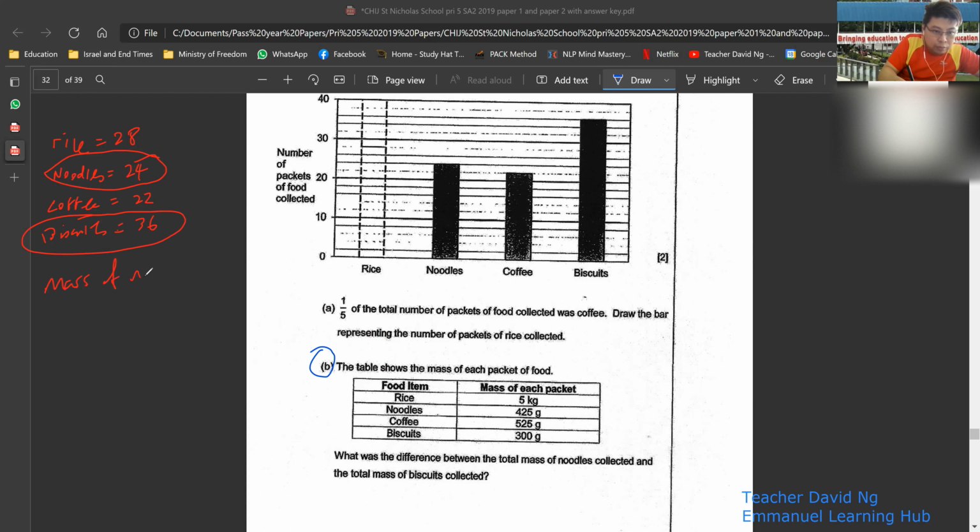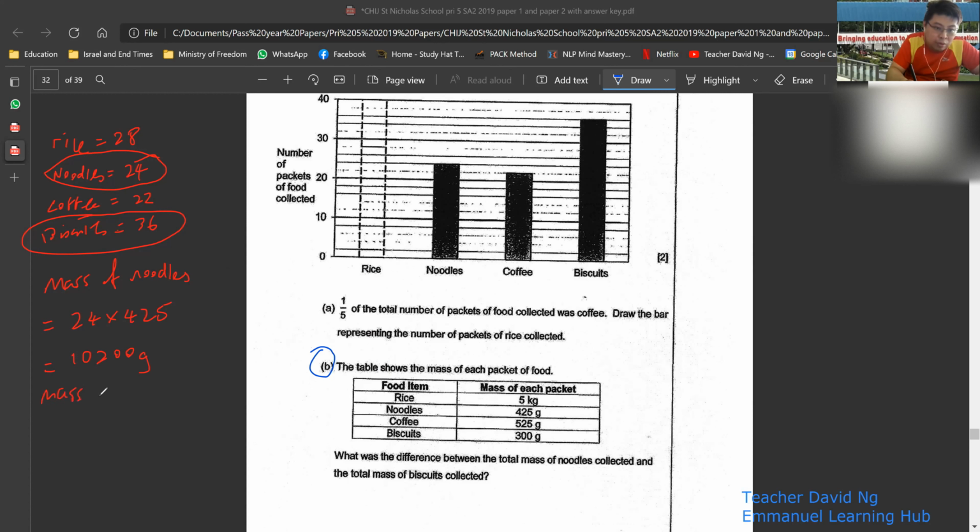Total mass of noodles will be 24 times 425. Agree? Yes. 24 times 425, you ask good friend calculator. The calculator will report to you 10,200 grams.